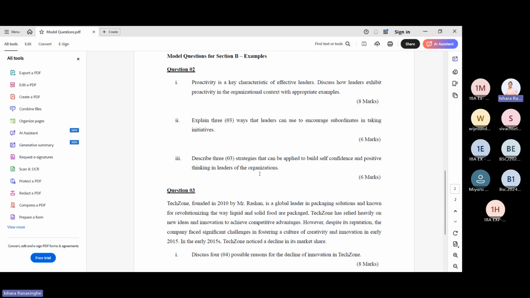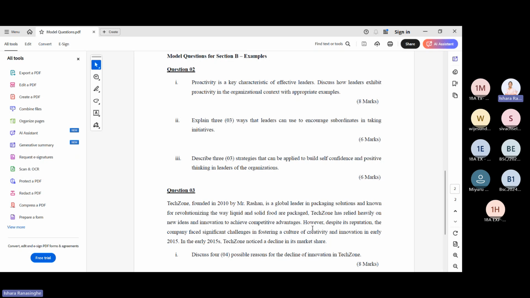Right? So apply to the work organizations and tell. So for an example, put the question. It's asking, proactivity is a key characteristic of effective leaders. Discuss how leaders exhibit proactivity in the organizational context with appropriate examples.